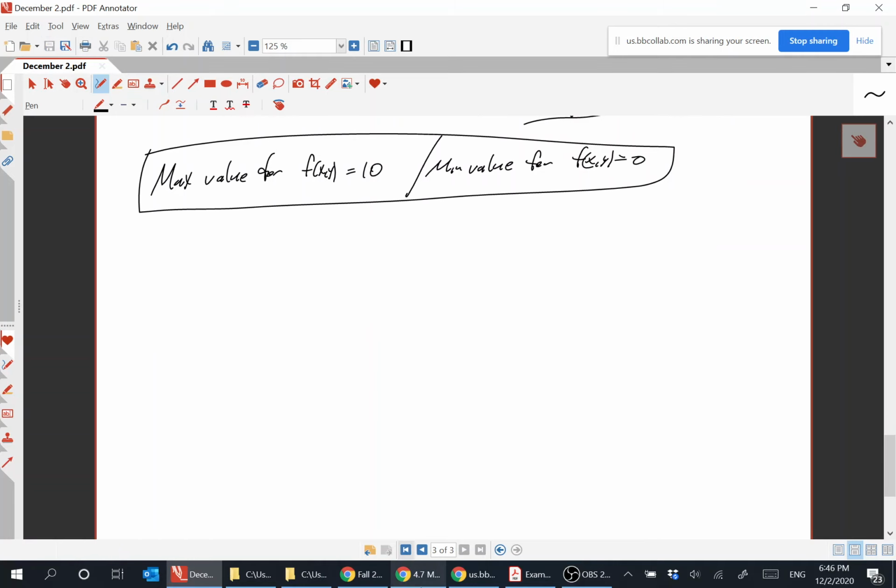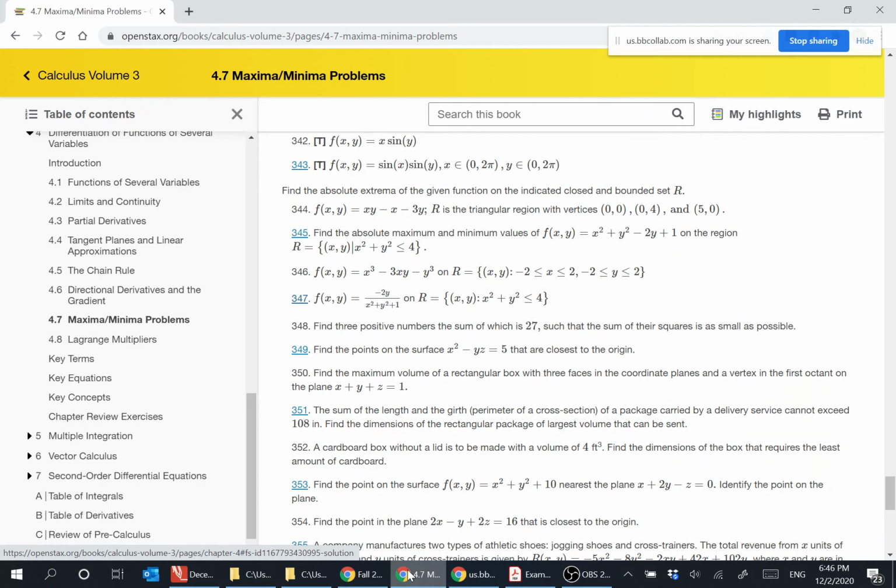So let's look at another problem in the text. So this one is kind of similar to that 347. It's on a disk. f(x,y) is minus 2y over x squared plus y squared plus 1 on the disk of radius 2 centered at the origin here.